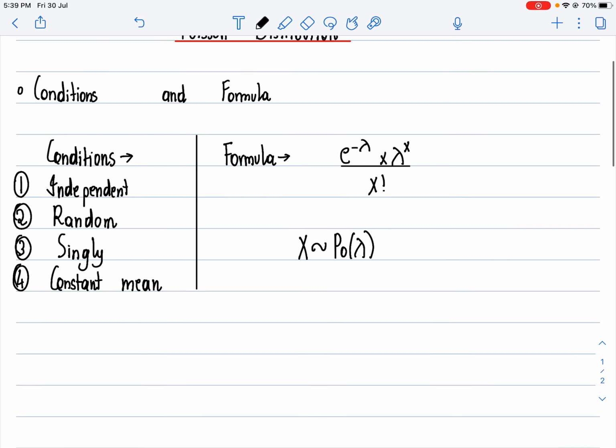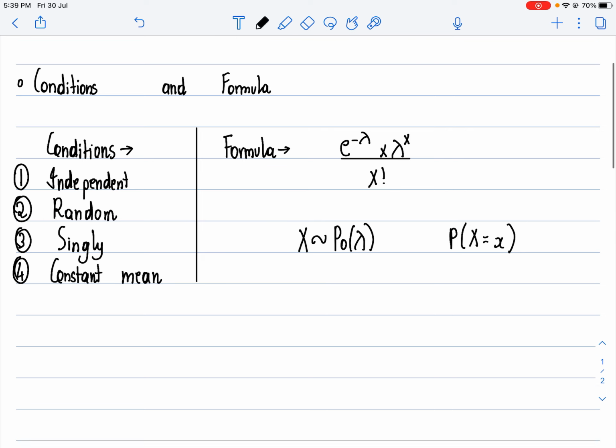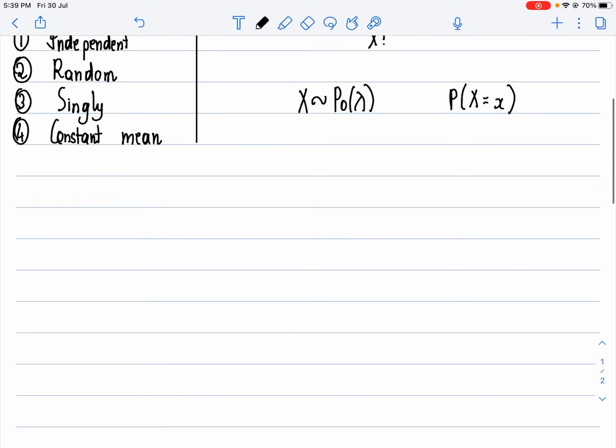If the question asks to calculate the probability of X equal to x, the small x value is what you need to substitute. If you are confused, we'll do an example right now.